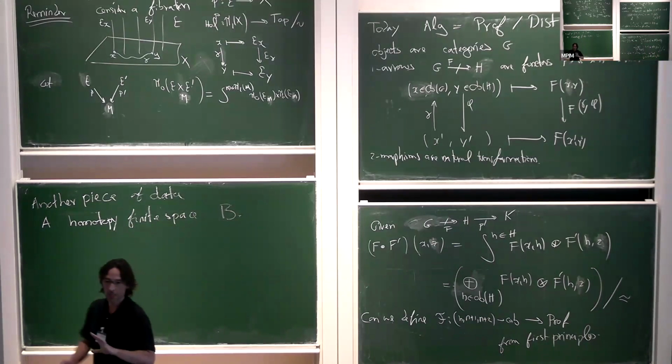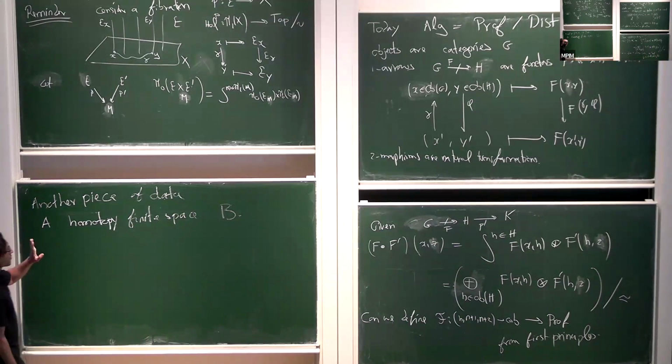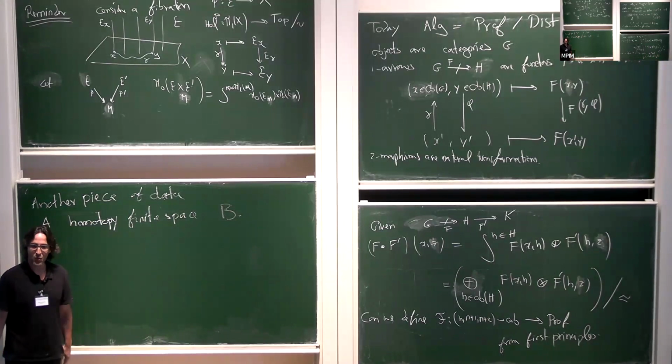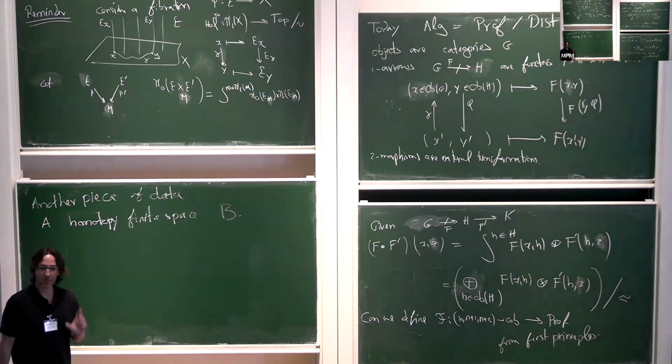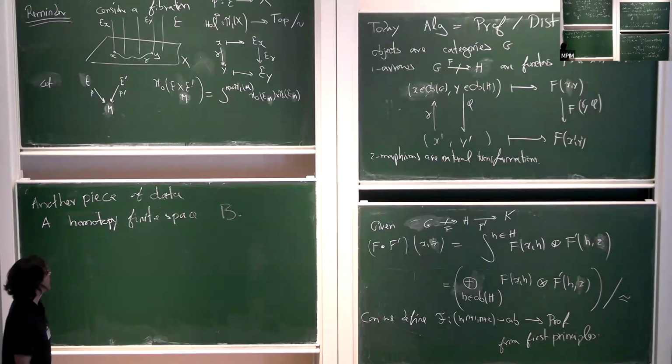So B is the data I need to define a 1/6 TQFT.